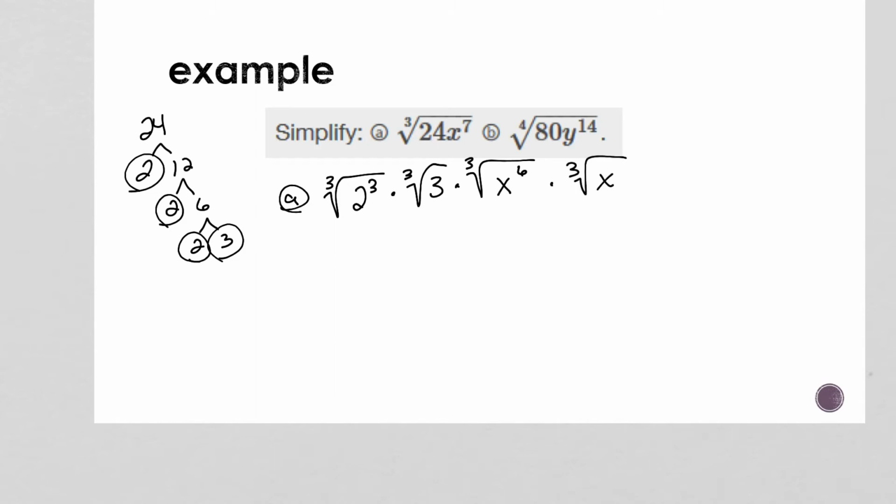Because we have a total of 7 x's. Okay, so I can take the third root of that, and that becomes 2, so I'm left with x squared there. So I've got a 2 on the outside, that's from that one. I've got an x squared on the outside, and what I'm left with under the radical is 3x.